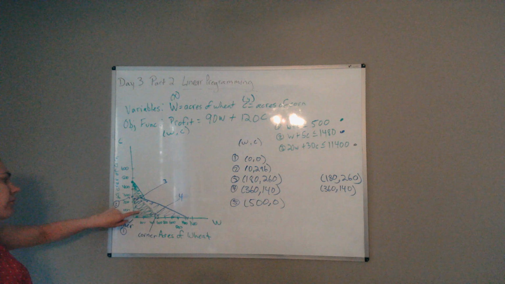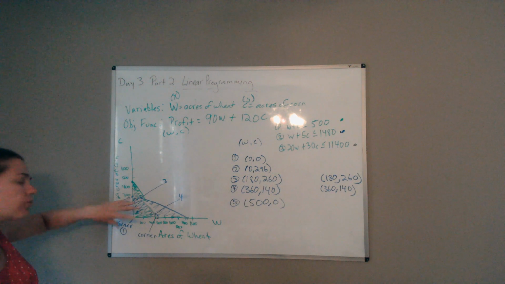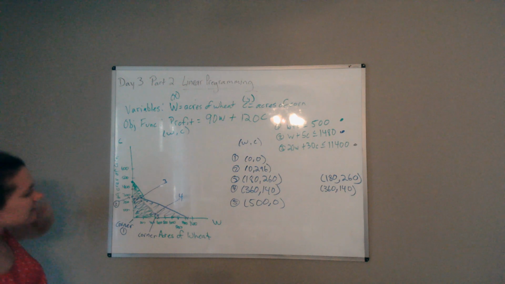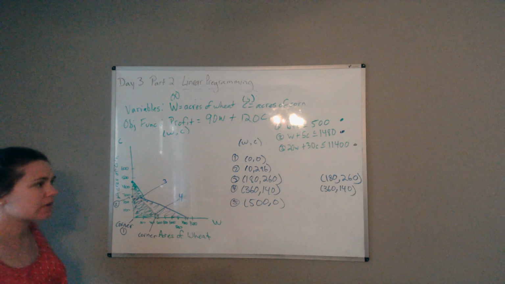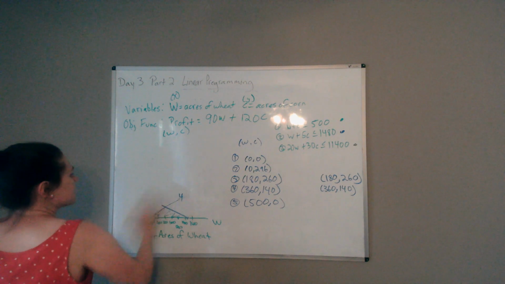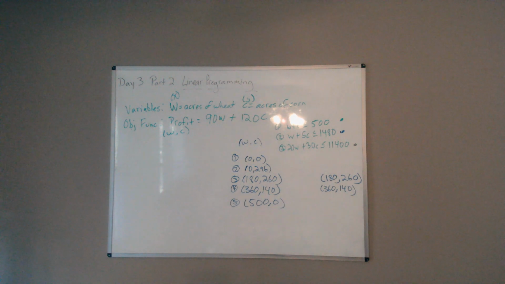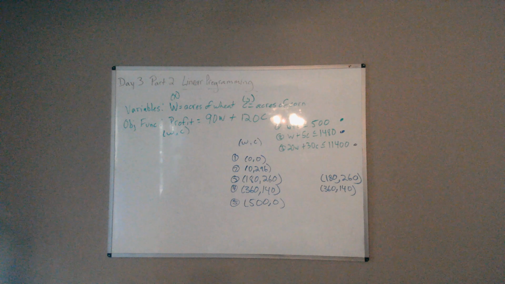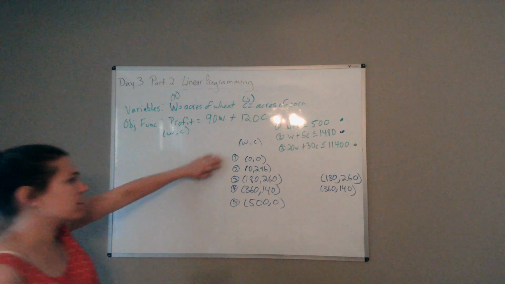Remember, feasible region from Algebra 1, system of inequalities, is the solution. It's where every single linear inequality is true, the area that they have in common. So I'm going to erase this so that I have room. And on your skeleton, below the graph it says optimization. Evaluate the objective function for each of the vertices of the feasible region.